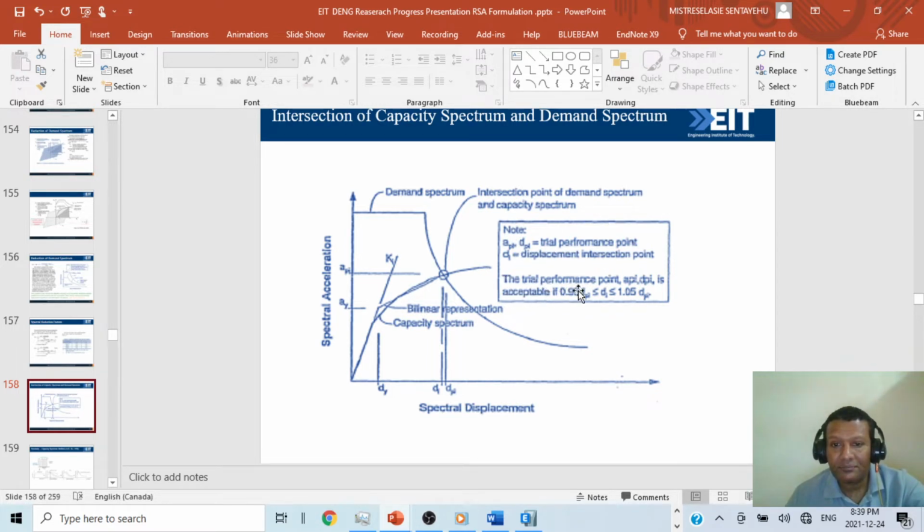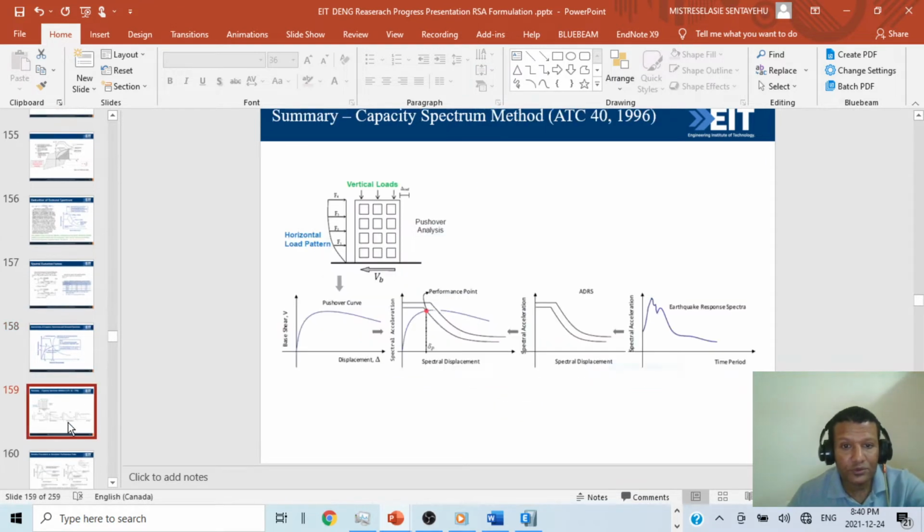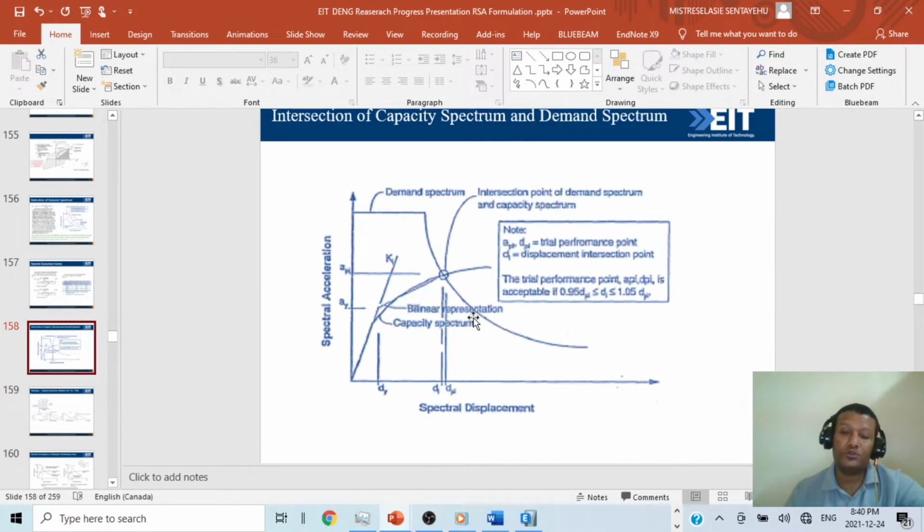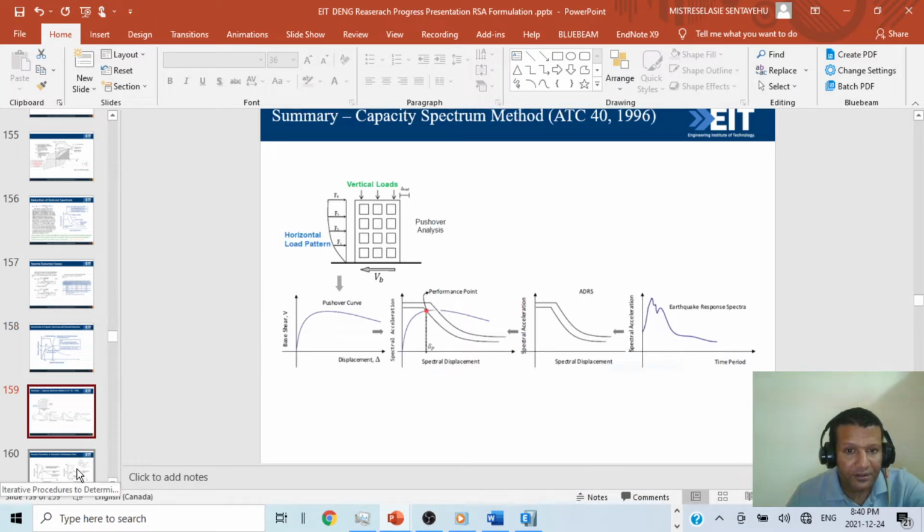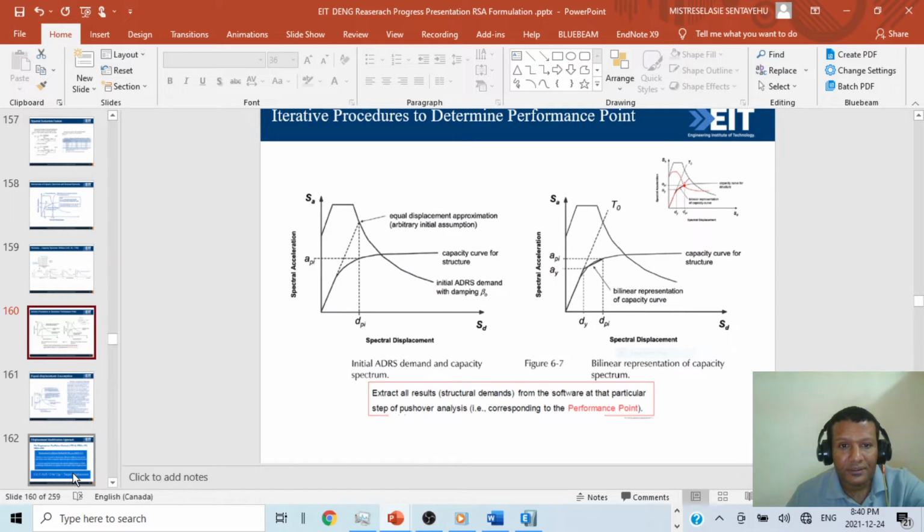The trial performance point API, DPI is acceptable if this one you have to read, you have to know that. So what I want to show you, I will come later also. I think I have it here, let me pass this one. Yeah, this is what I want to show you.